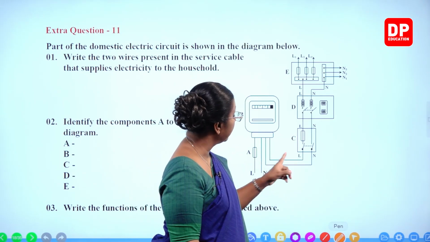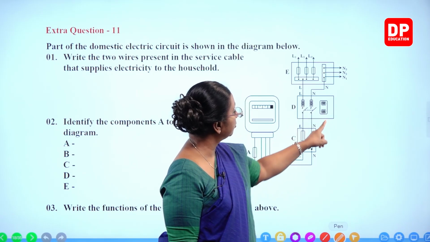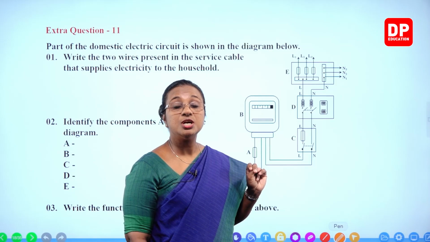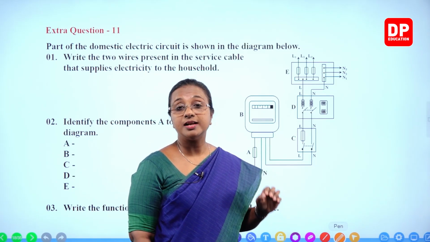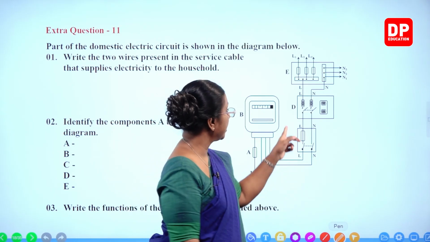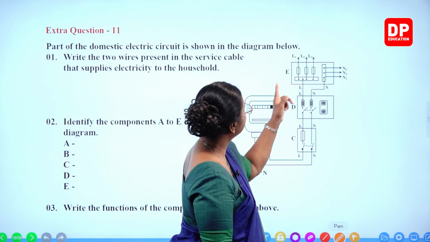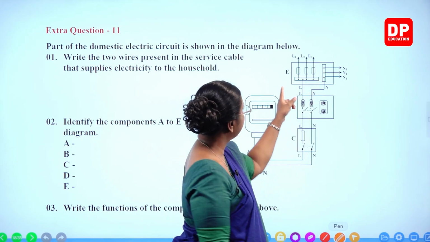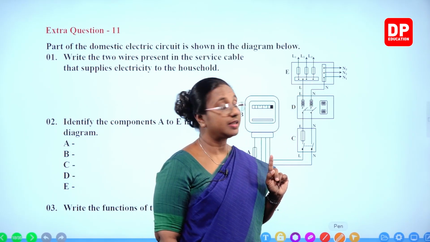You can remember that. Then from there, again live and neutral wires are both connected to component D, and here also you can see it is a dual pole switch. What is it? It is the RCCB, residual current circuit breaker, or the trip switch. Then from there, the live wire is connected to the bus bar that supplies current to the different MCBs, miniature circuit breakers.